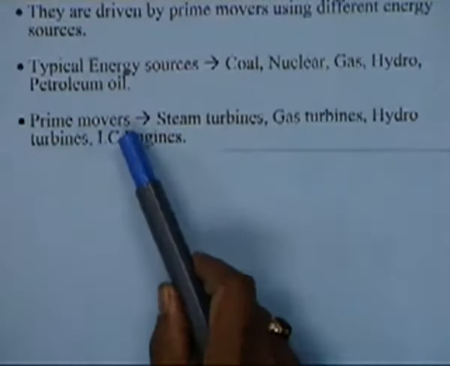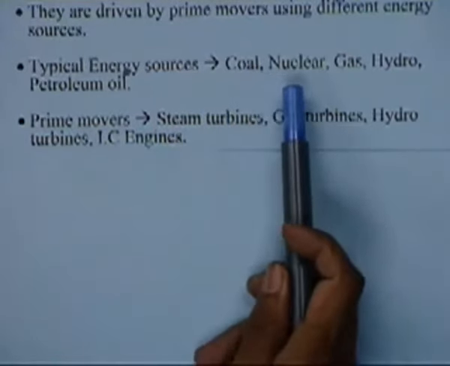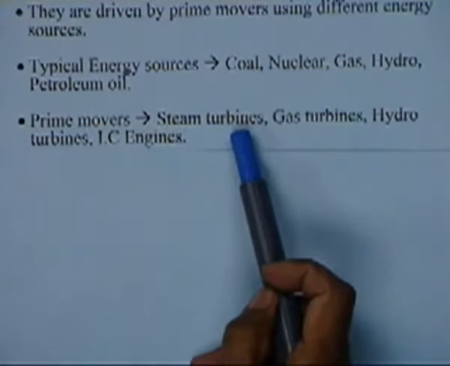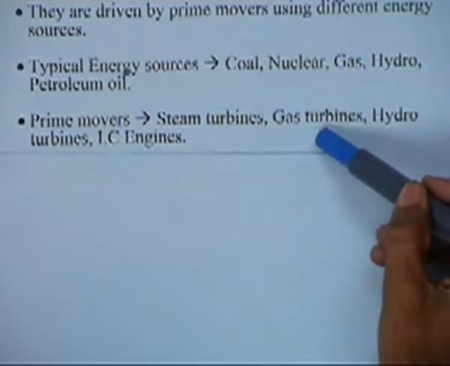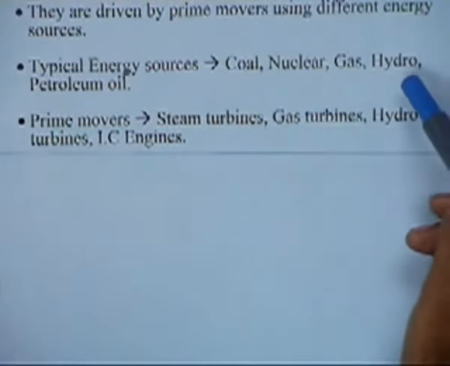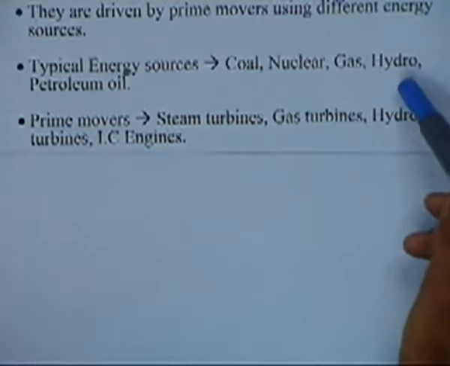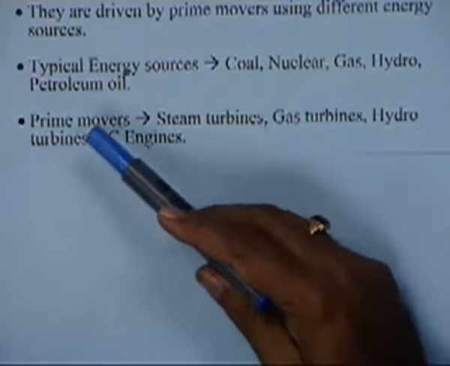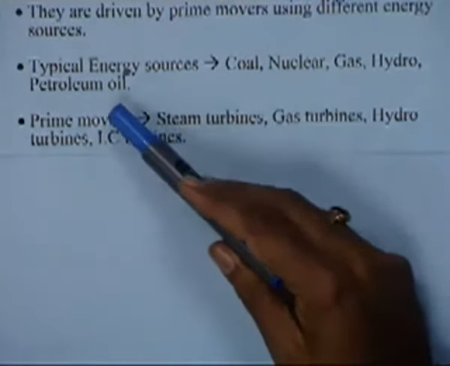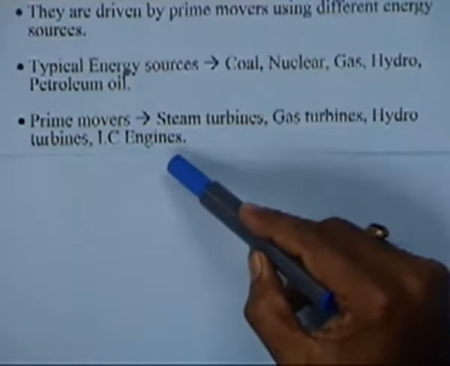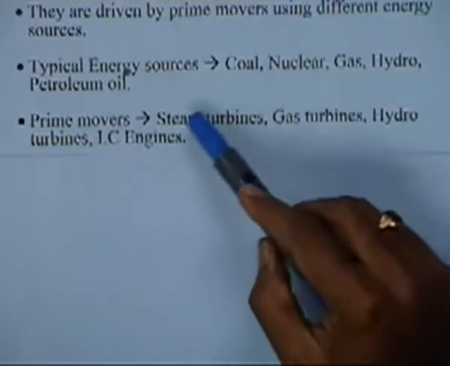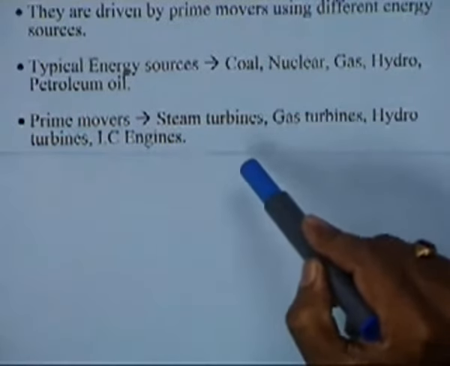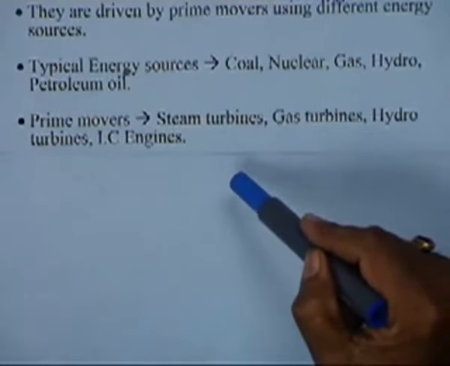If it is from coal or nuclear, these are called the steam turbines, and if it uses gas, it is the gas turbine, and if it uses the hydro potential, it is called a hydro turbine. And if they use the petroleum oil, then we call these IC engines or internal combustion engines. So these are the very popular types of prime movers which are used to drive the synchronous machines to work as generators. Okay.